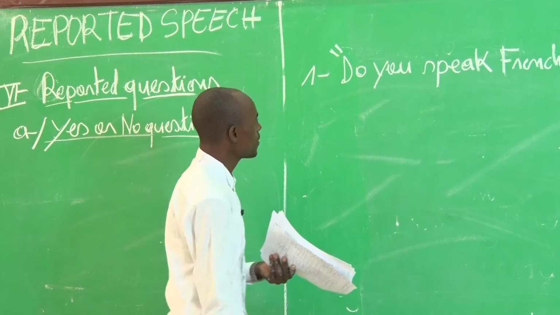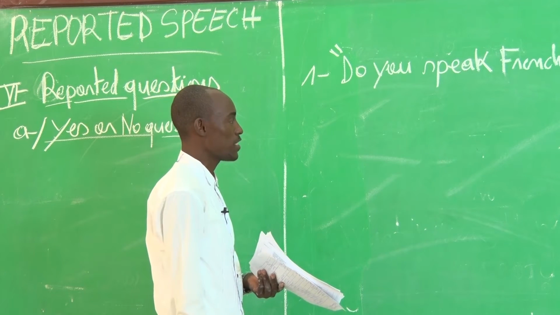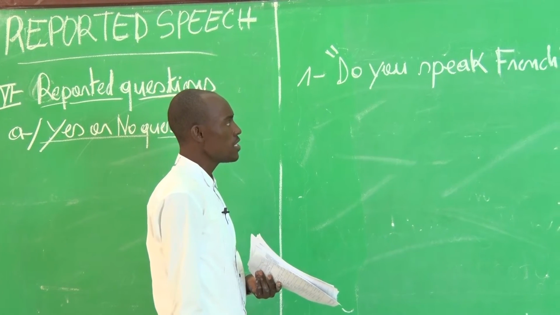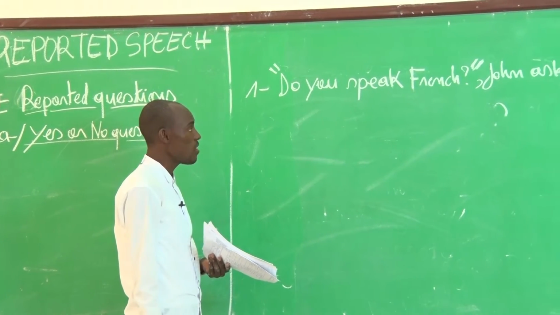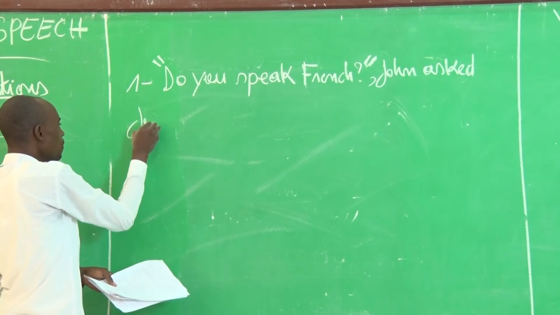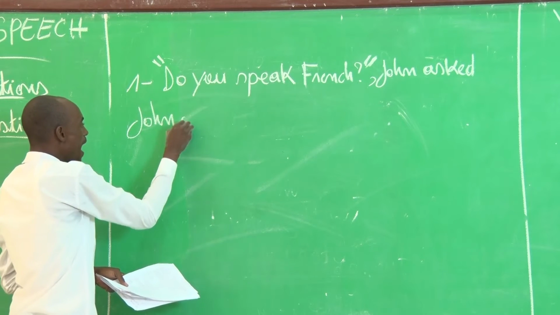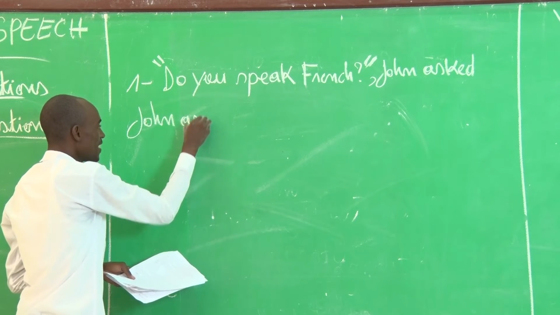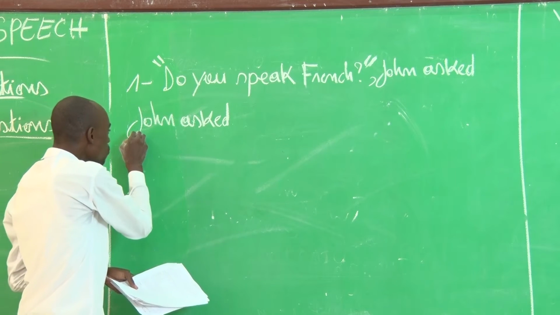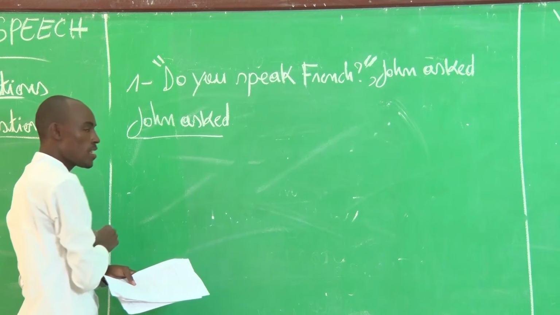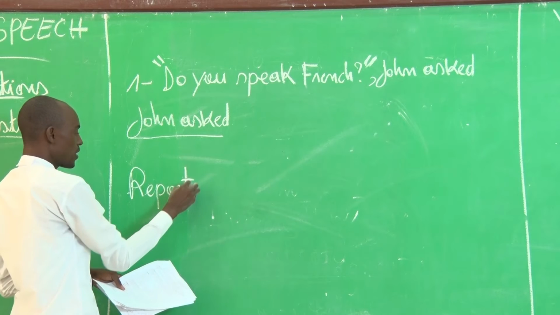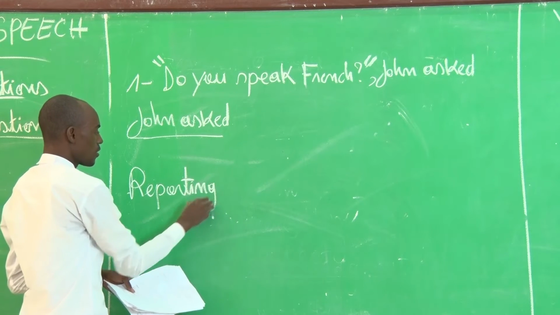Now, let's turn this sentence into indirect speech. What can we say here in indirect or reported speech? Here we say, John asked. This is what we call the reporting part. Don't confuse the parts.